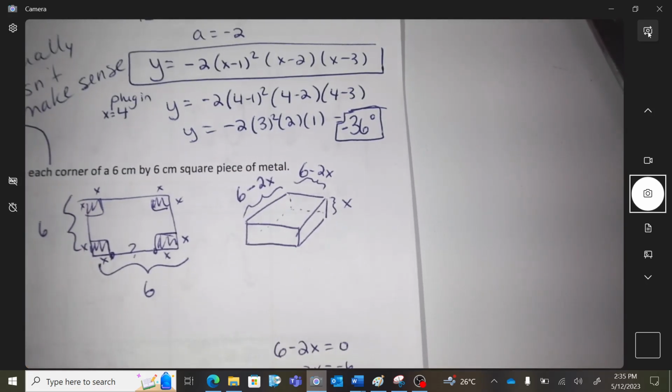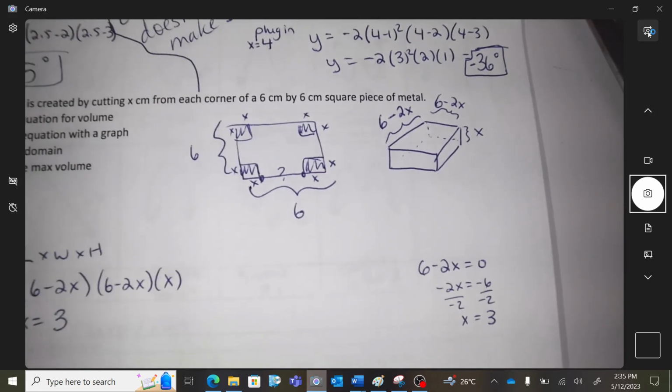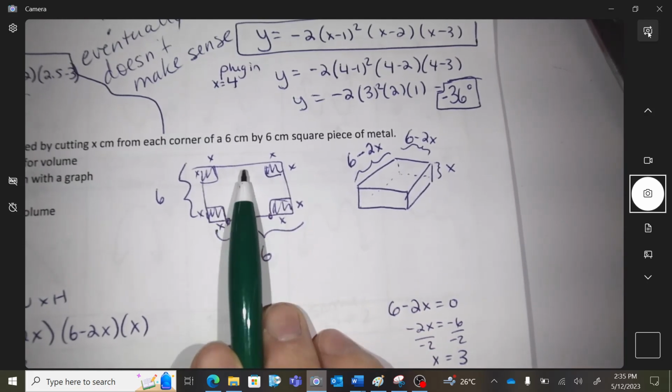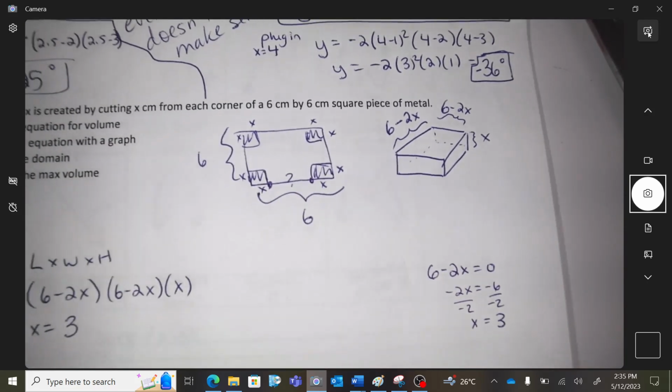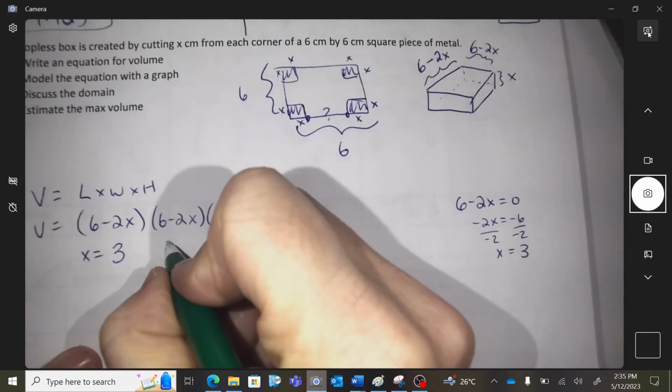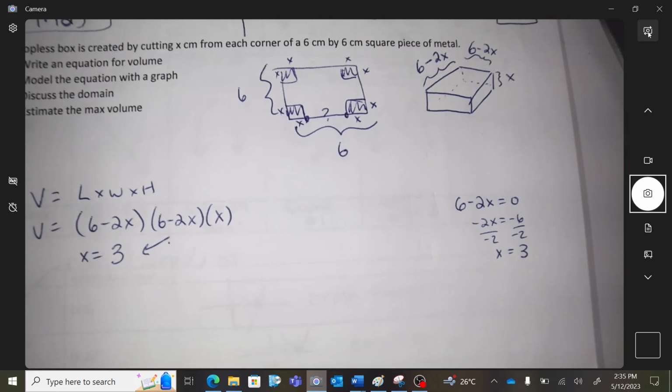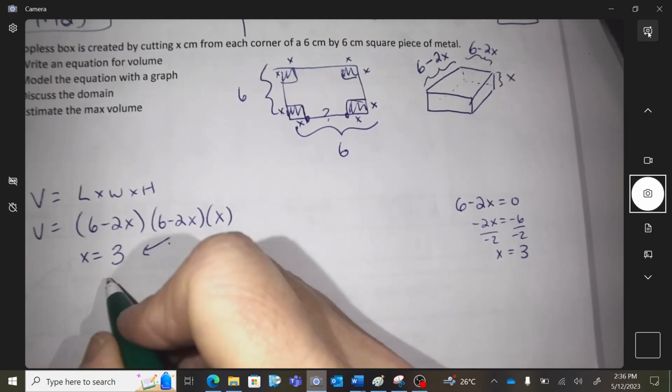If you cut off 3 and 3 on your paper, what would you have left? You have nothing left. Okay. And this is the same x-intercept. So what's going to happen at 3?